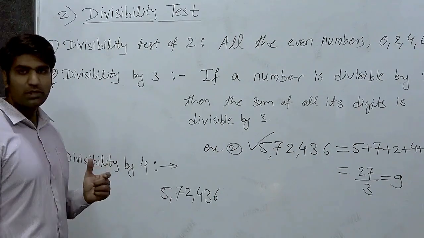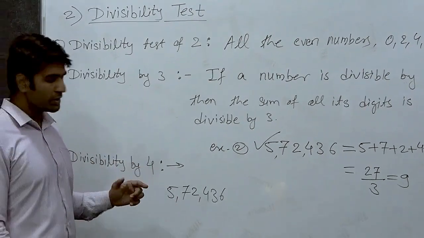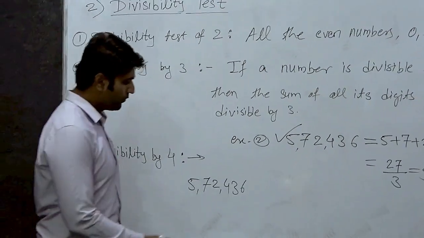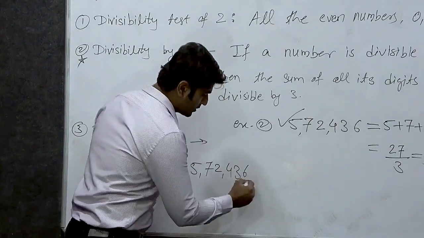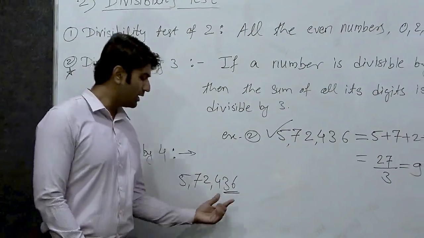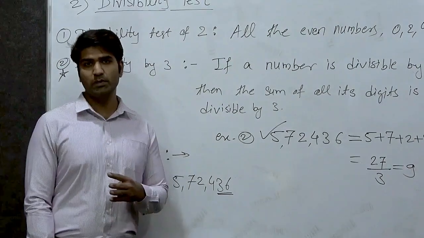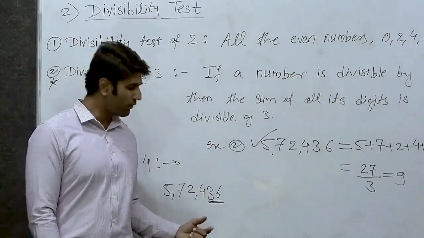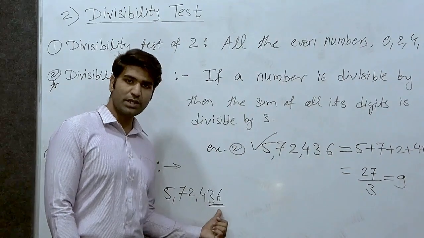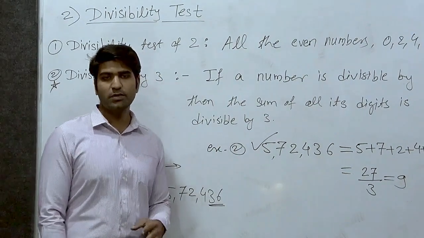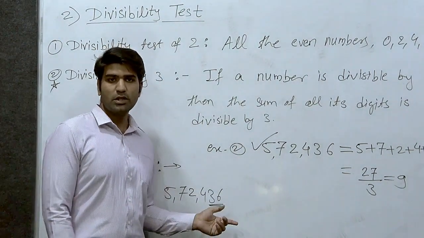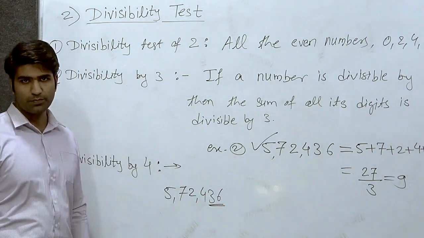What is the method? The test says that if the number formed by the last two digits of the given number is divisible by 4, then the number is divisible by 4.